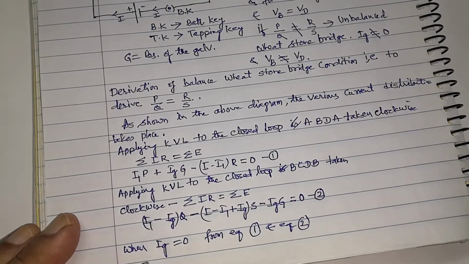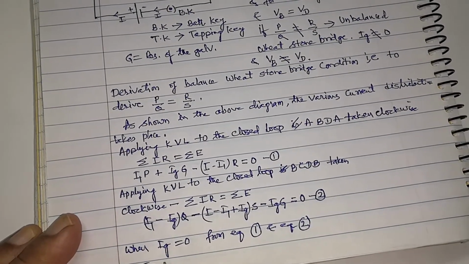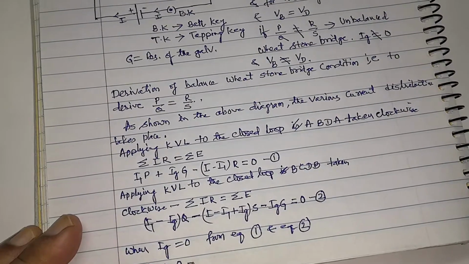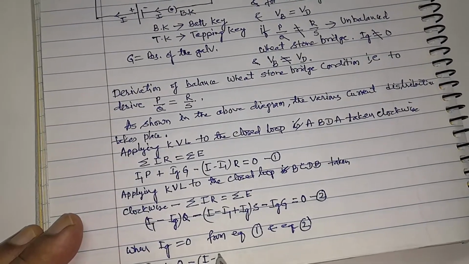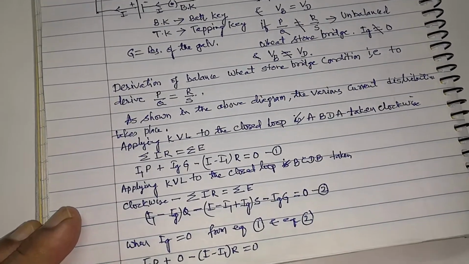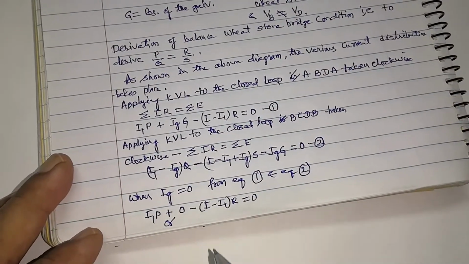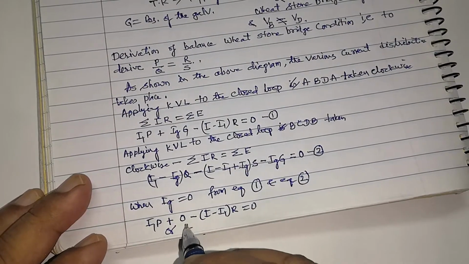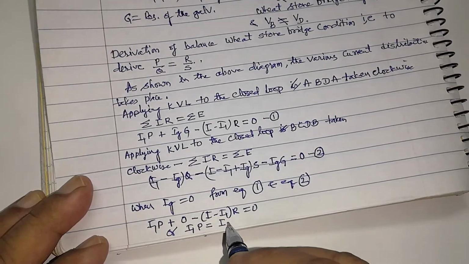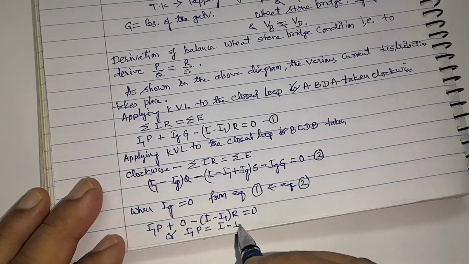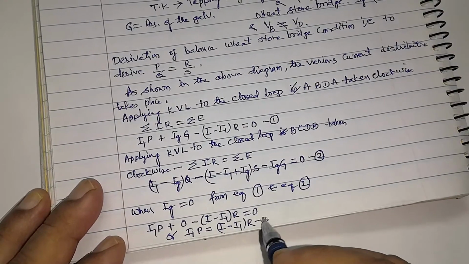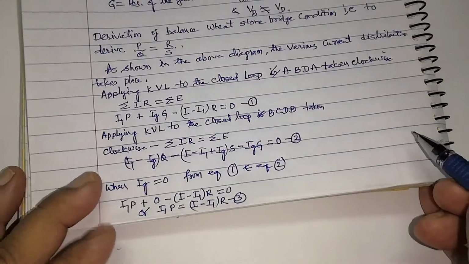We are going to get I1P plus 0 minus I minus I1 R equal to 0, or I1P equal to I minus I1 R. This is equation number 3.